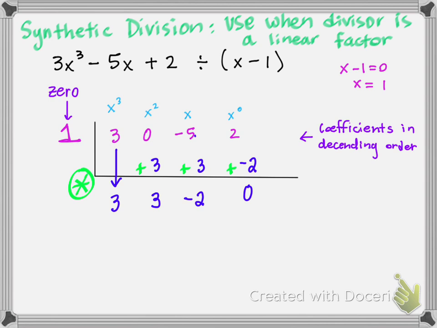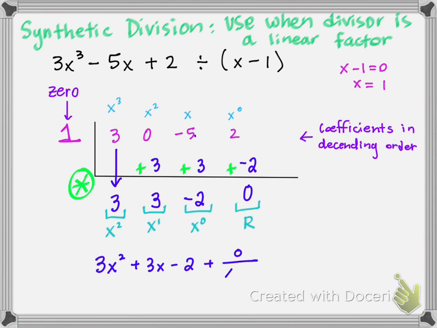Remember, now we have the fun facts that this is your remainder. This is your x to the 0 term. This is your x to the first term. Last but not least, x squared. So your final answer is 3x squared plus 3x minus 2 plus 0 over x minus 1.